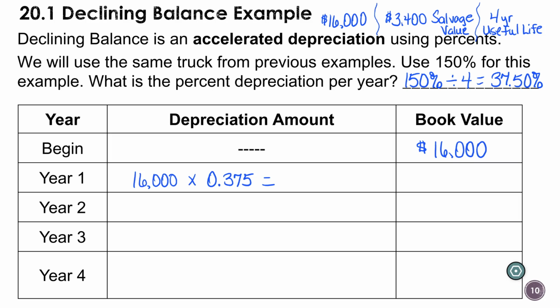So when we multiply, we get $6,000, and you might notice that this is quite a bit more than some of the previous examples on year 1. And then we subtract 6,000 from 16,000, so now our car is worth $10,000 at the end of the first year. And remember, this is just based on this depreciation method.